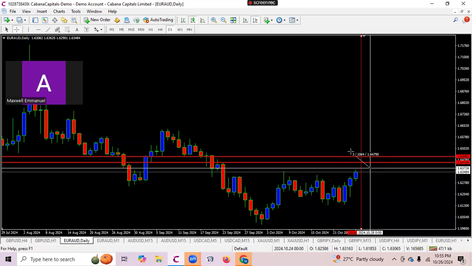So for example, I ensure that the risk I'm taking on any trade does not exceed 50 pips. So let's say the lot size I apply on every trade where the market risk is 50 pips, let's say I apply 0.1 lot size.